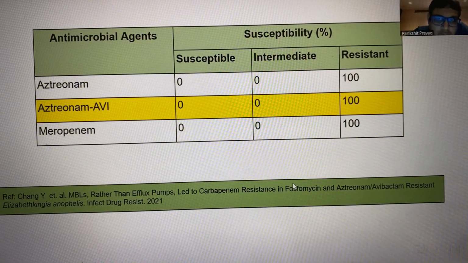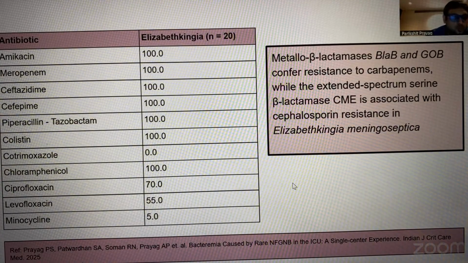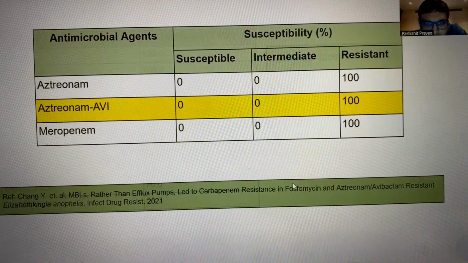So look at this study here. Aztreonam-avibactam was not found to be susceptible in any of these carbapenem-resistant isolates. And there are various reasons. One has been that BlaB and GOB may not be sparing aztreonam convincingly. The other very important part here is that you could have a situation where CME is not very well inhibited by avibactam at all.